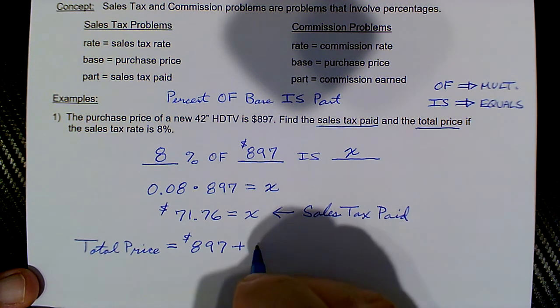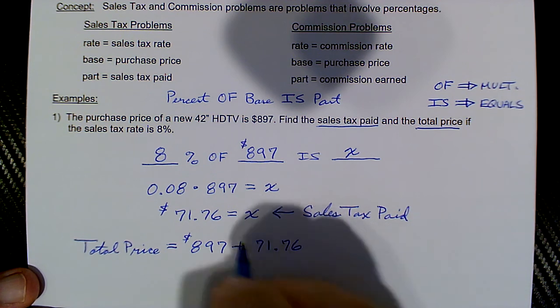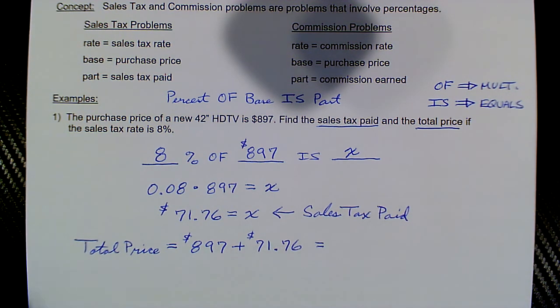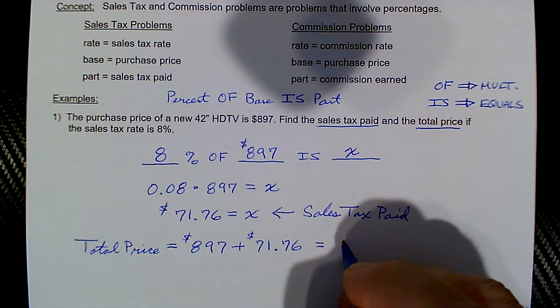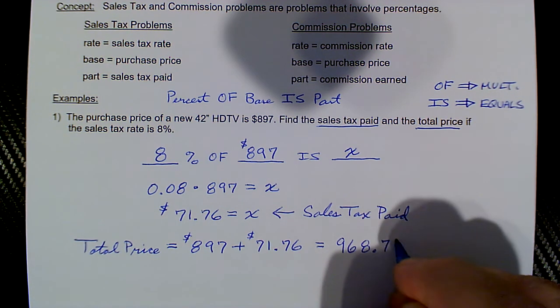So $897 plus $71.76, and so the total price, use your calculator if you need to, is $968.76.